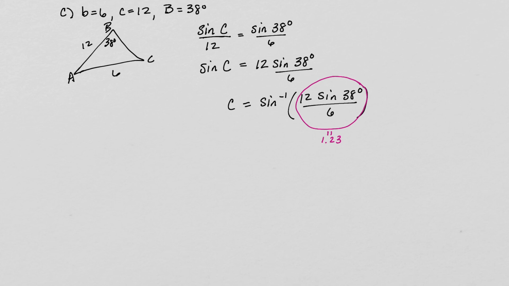So you cannot take the inverse sine of this, which means that this triangle cannot exist. So there is no triangle or no solution. So there is no way to actually get this triangle made. So you cannot have a triangle starting with these values. There's just no physical way to actually make that triangle.